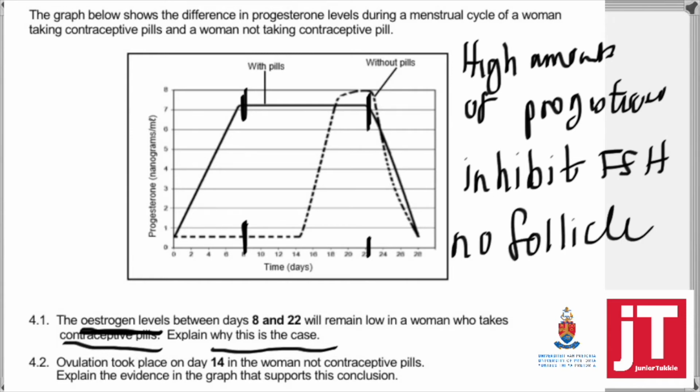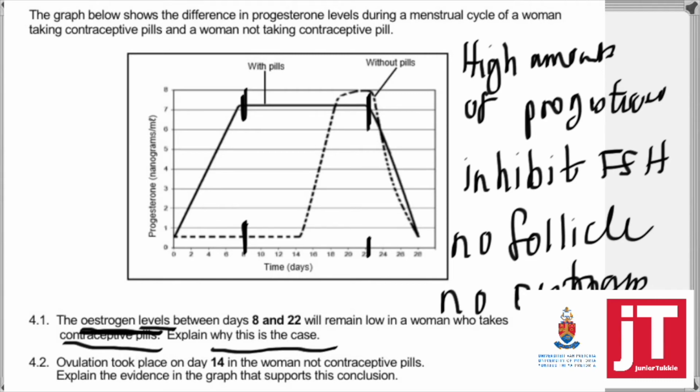And you are well aware that the follicle actually produces estrogen. So hence, no estrogen will be secreted. And that answers your question. Please make sure that you know 4.1. The question here talks about the negative feedback mechanism between progesterone and follicle stimulating hormone. And that's very, very important to know in your matric exam.